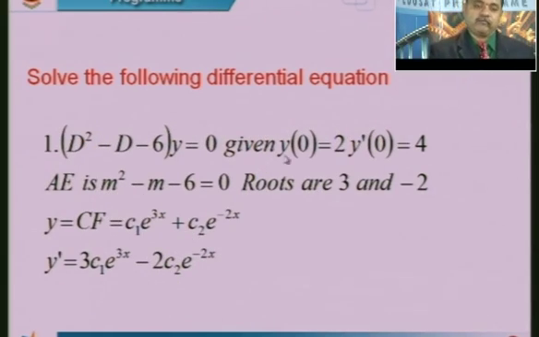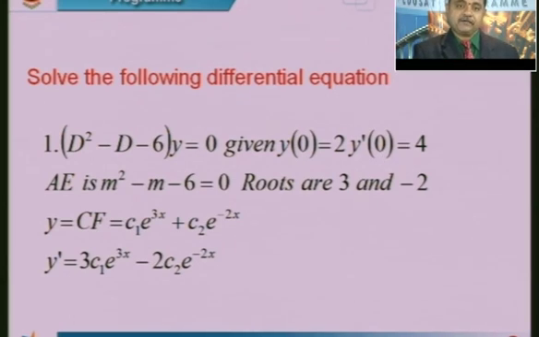Now as a conclusion, in every problem you are writing C1, C2, those are all called arbitrary constants. Problems like this are called initial value problems. The initial condition, x value is 0. Be careful, in engineering applications only these kinds of problems we will get.